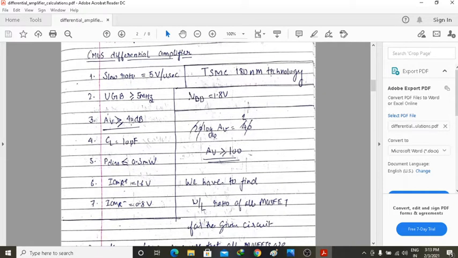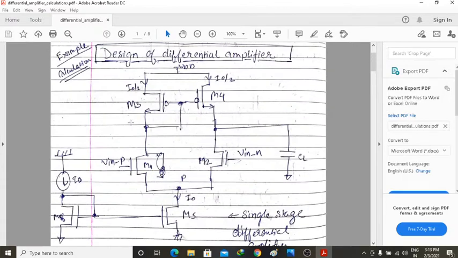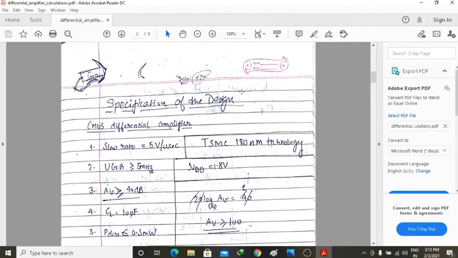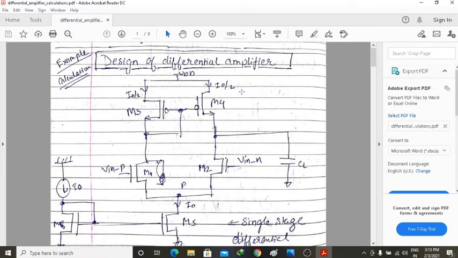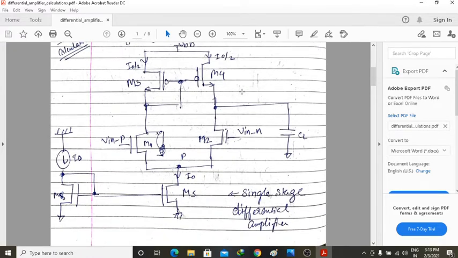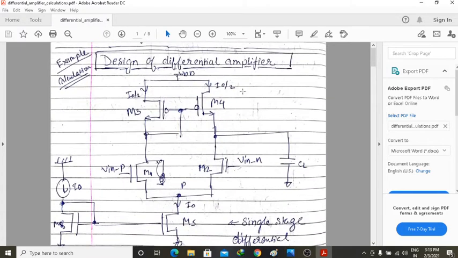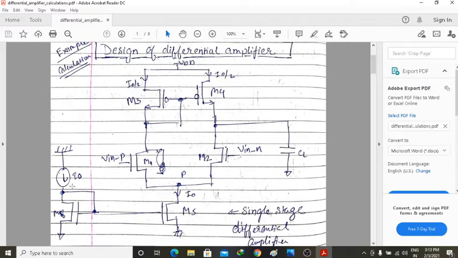For designing, what all do you need to know, if some customer has given you these configurations? Also, we will be using the 180 nanometer TSMC model file. You have a capacitor with the value given as 10 picofarad, and you will need the W by L ratio, the aspect ratio, of the M3 transistor, M4 transistor, M1, M2, M5 and M8.